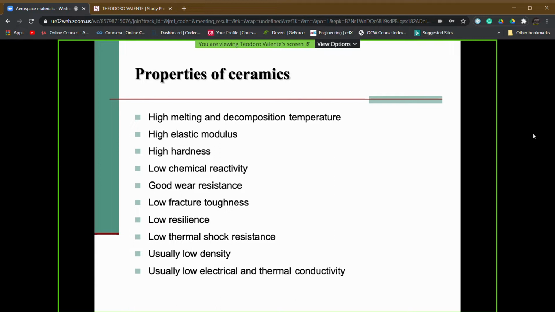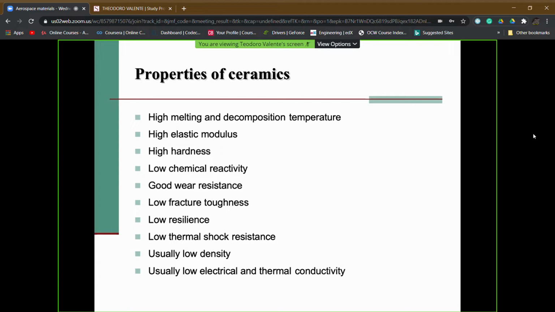They are very hard materials, so they have high hardness, measured according to the standard testing that we already know. We say that they have, to some extent, a low chemical reactivity. We could say a reduced chemical reactivity.